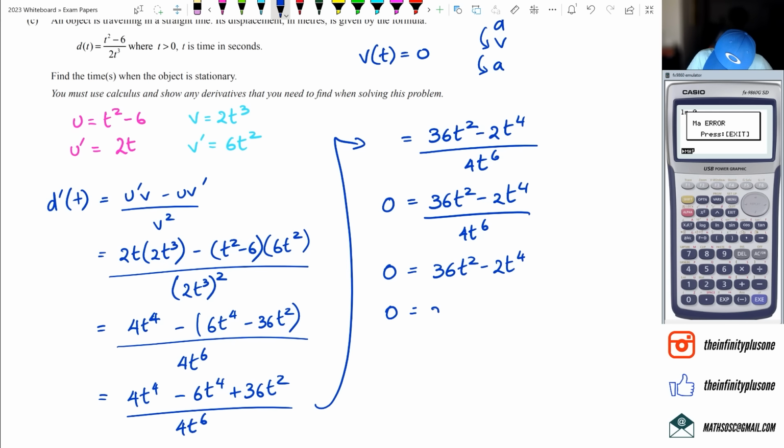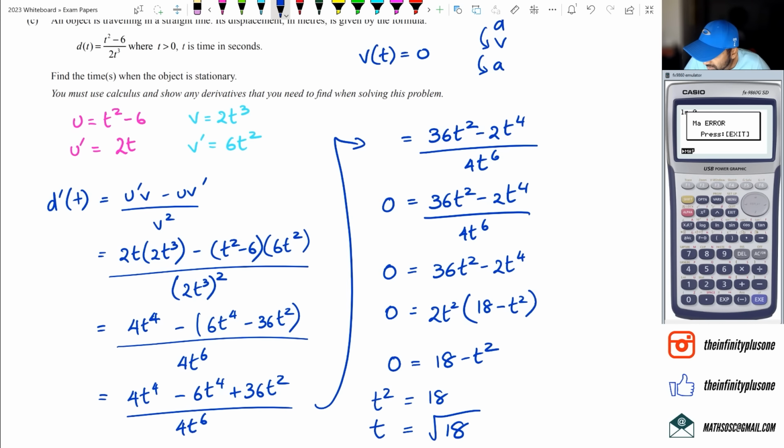I can take out 2t squared as a common factor, which means I'm going to get 18 minus t squared is equal to 0. And if I do 0 divided by 2t squared, that's 0. So I've just got 0 is equal to 18 minus t squared. So if 18 minus t squared is equal to 0, I can rearrange this and I get t squared is equal to 18 and t is equal to square root of 18.